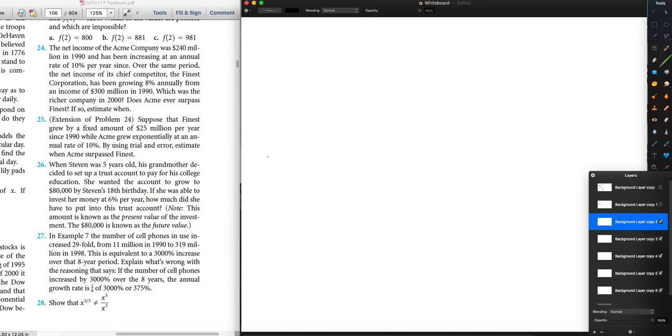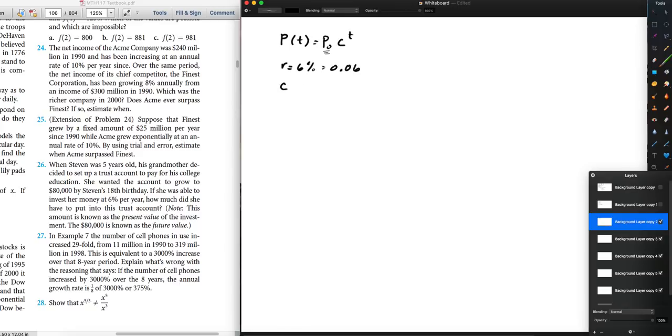Remember, our general form for exponential growth is P of t equals P0 c to the t. P0 is what we're looking for here. So let's pick the information out of the problem. First, we need to come up with C. The account pays 6% per year, so R is 6%, or 0.06.